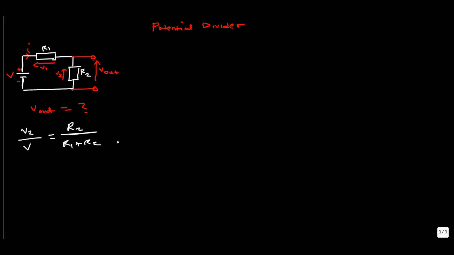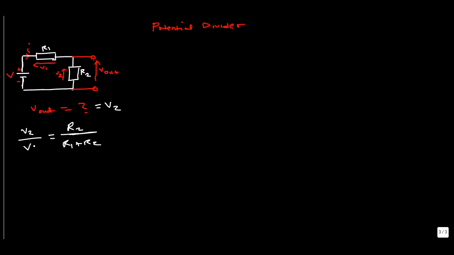That's a totally different issue, but a potential divider is essentially what you're trying to do. You're trying to measure the output voltage across a resistor, and here we're saying that V2 is equal to your V out, your measured voltage.